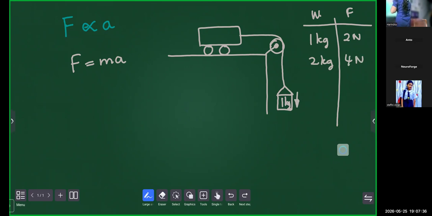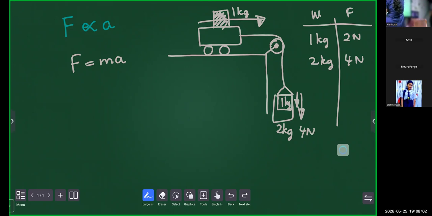When we increase the weight, the force applied in this direction becomes higher. Let's assume we apply weight on the trolley. First time it's 1 kilogram, and we apply 4 Newton of force. When we increase the weight to 2 kilograms, we have to apply 8 Newton to move this trolley.